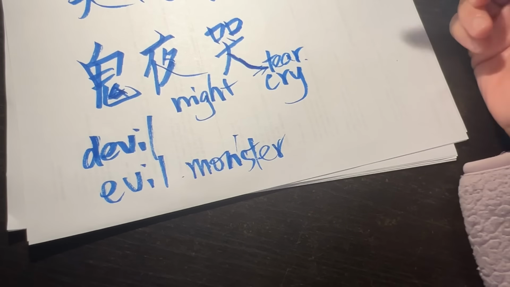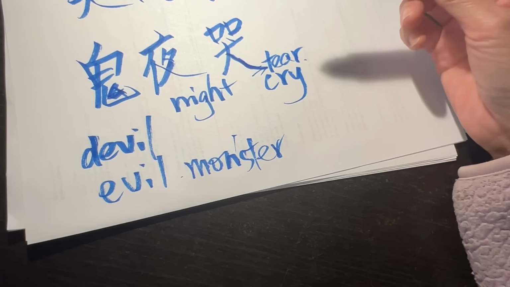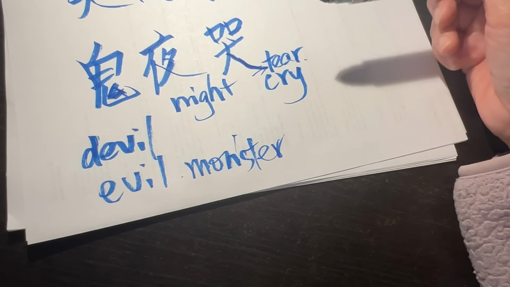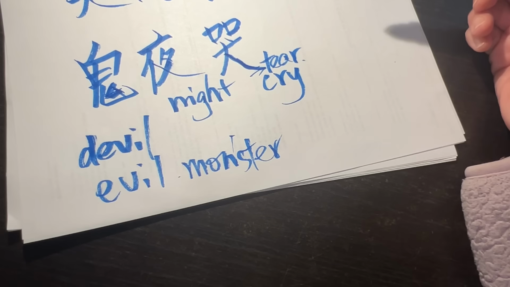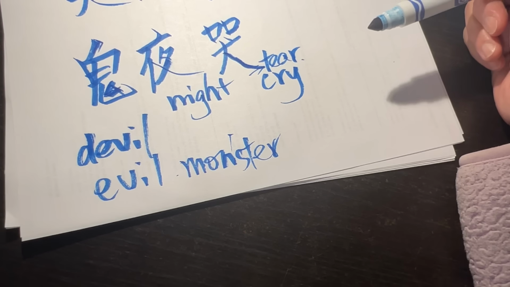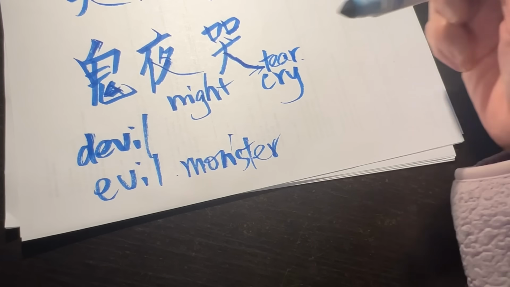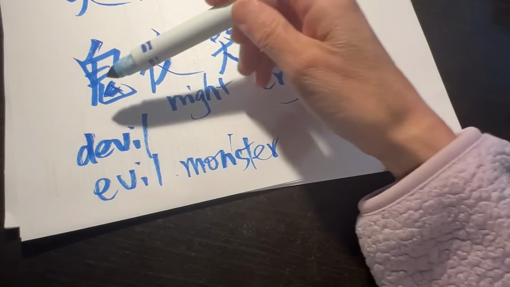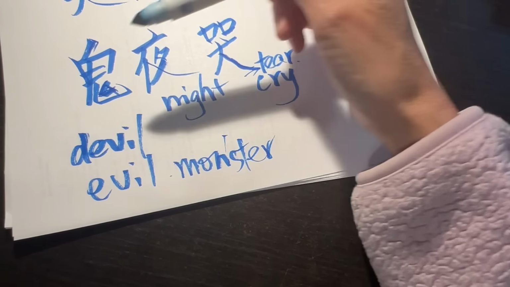So 鬼夜哭 when 仓颉 created characters. The sky is happy, but the evil spirits are not happy. They are afraid because people have knowledge. People will know that something is wrong.